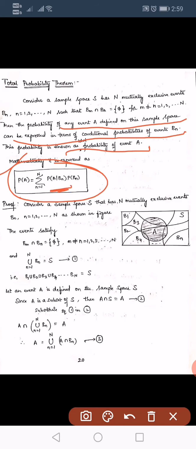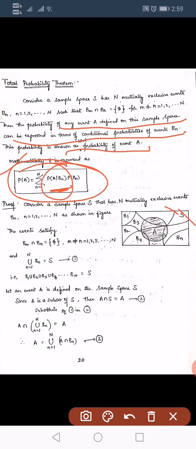Okay, so what is A here? A is an event defined in the sample space. The sample space contains n mutually exclusive events, and we have also defined an event A in that same sample space. The probability of that event A is defined in terms of the conditional probabilities of events Bn, that is P of A given Bn.